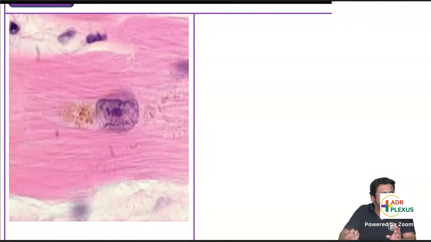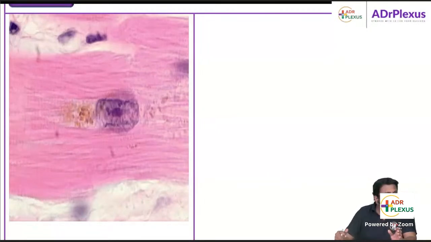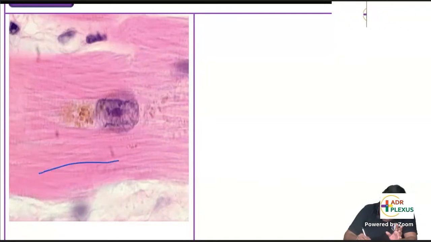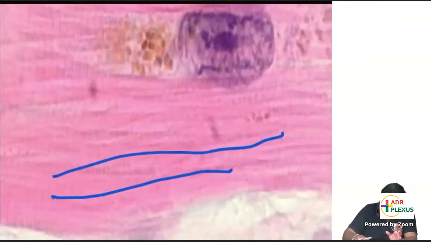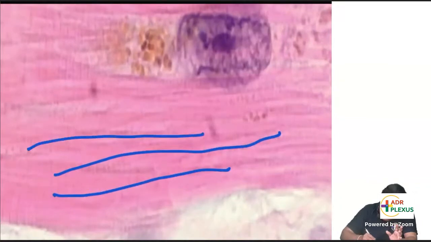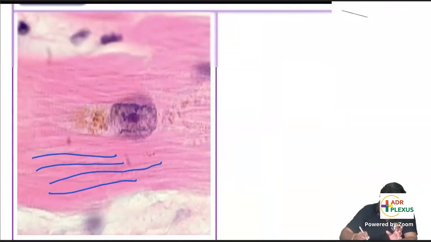Yes, this is an image of a cardiac tissue of a patient of some 60 or 70 years old. If you hear the word cardiac, you can see the striations. Can you appreciate the striations here? So cardiac muscles show striations, and you can see the nucleus.